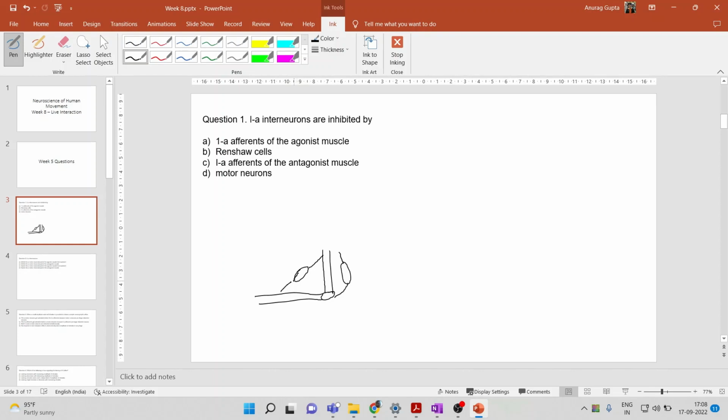Consider this is an elbow joint, and this is the flexor muscle, and this is the extensor muscle.